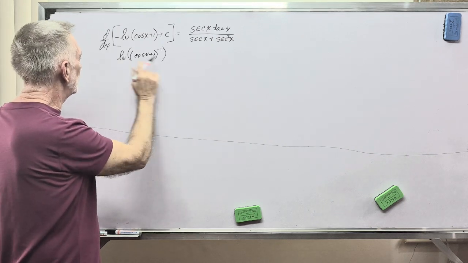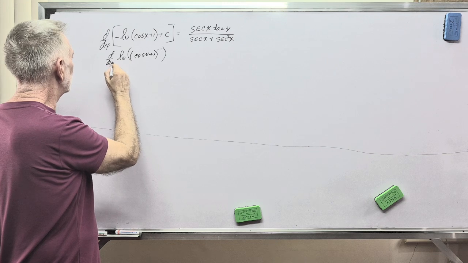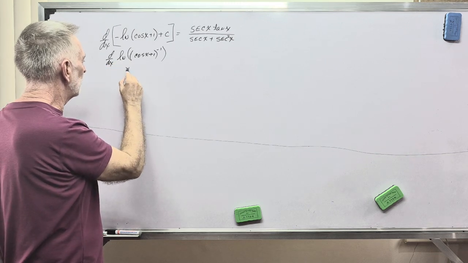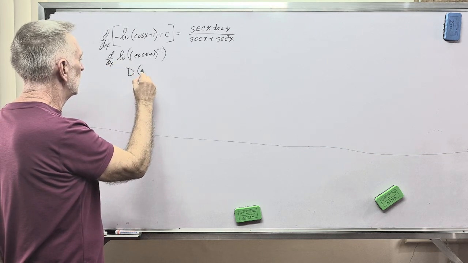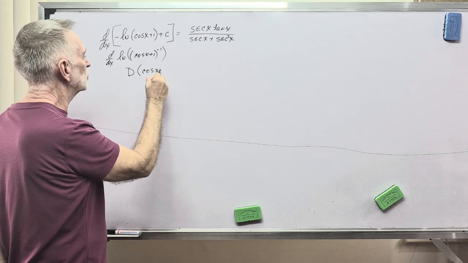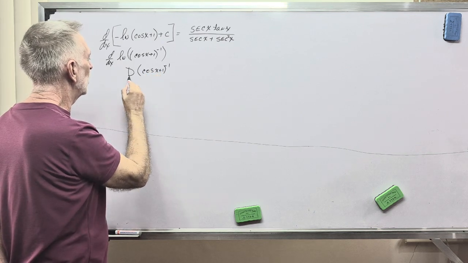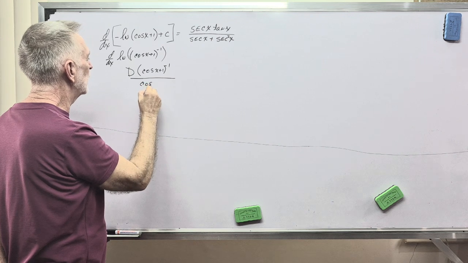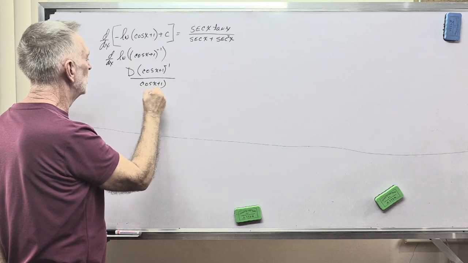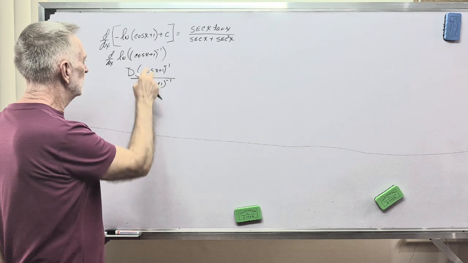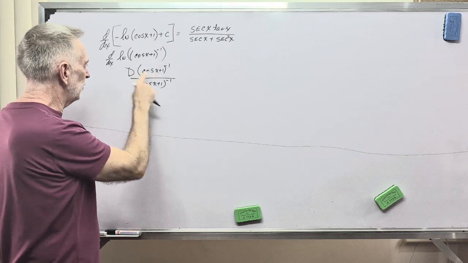So that's my function that I'm taking the derivative of, and I'm going to end up with the derivative of cosine x plus 1 to the negative 1 over cosine x plus 1 to the negative 1. That's the derivative of the function over the function.